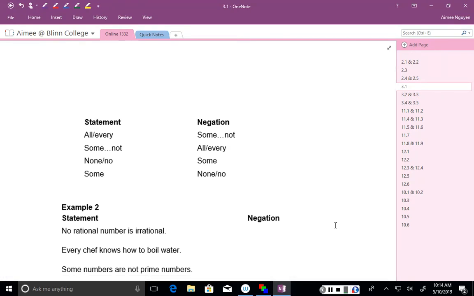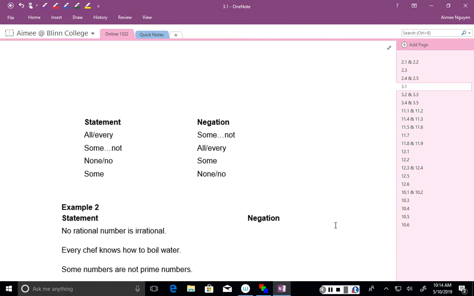So what we need to think of here are words that are called quantifiers. Quantifiers give a quantity, an amount of things. So these would be words like all things or everything or some things or no things. So I'm giving some kind of quantity to that. So what you need to think about is what it really means to be the opposite of all.